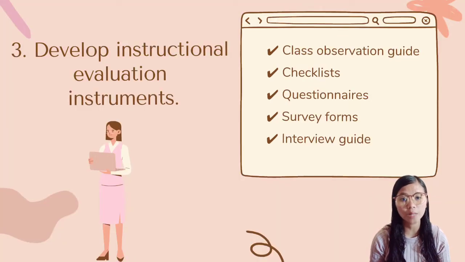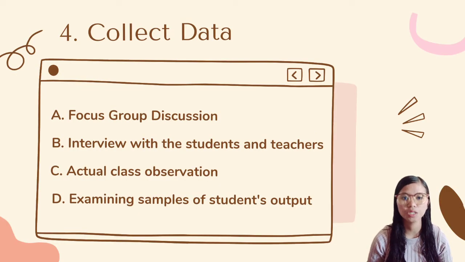We have develop instructional evaluation instruments, and some examples of this are class observation guide, checklist, questionnaires, survey forms, and interview guide. These are the most common instruments in evaluation as it seeks to assess if the students meet the curriculum goals.